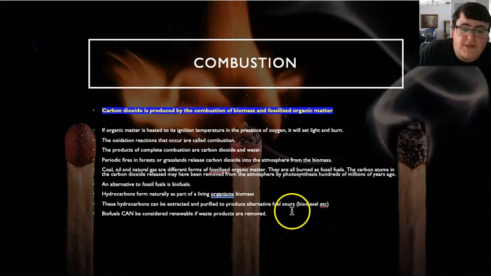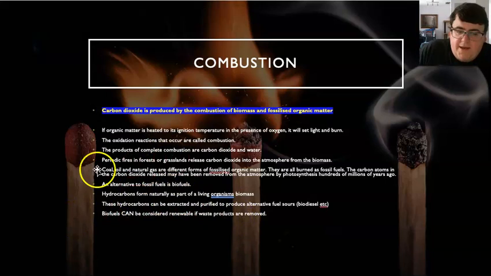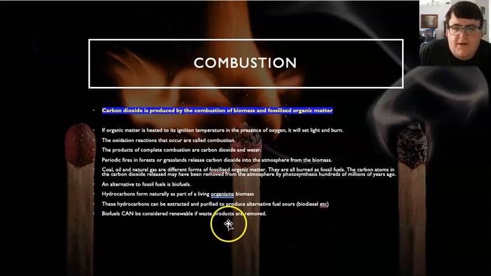Now, these biofuels can be considered renewable if waste products are removed. If they're not removed, they're not considered renewable. So instead of using fossil fuels, we can leave that carbon back in the ground, stop releasing extra carbon that we shouldn't have in the atmosphere, and just focus on biofuels, which are more environmental.